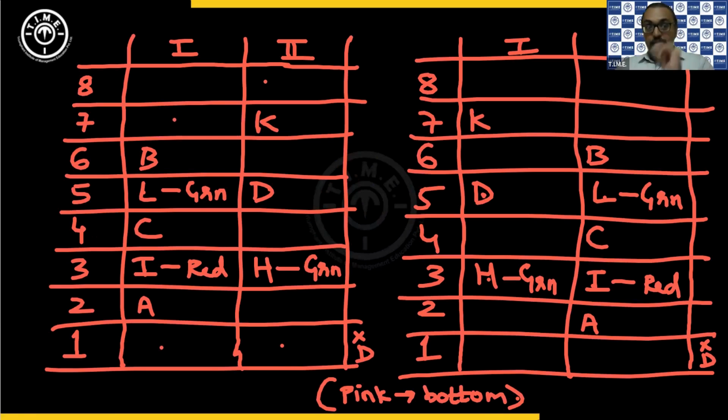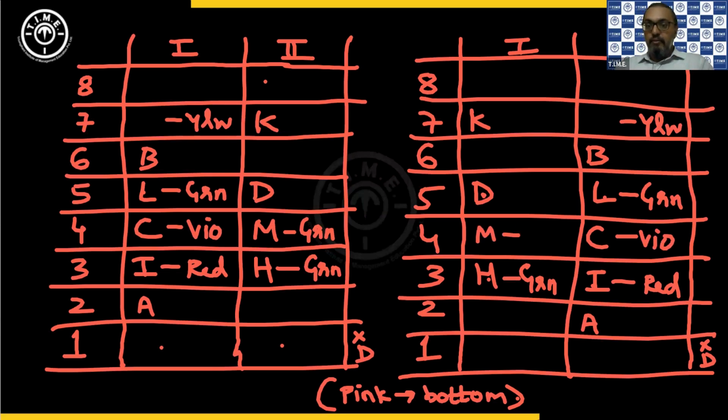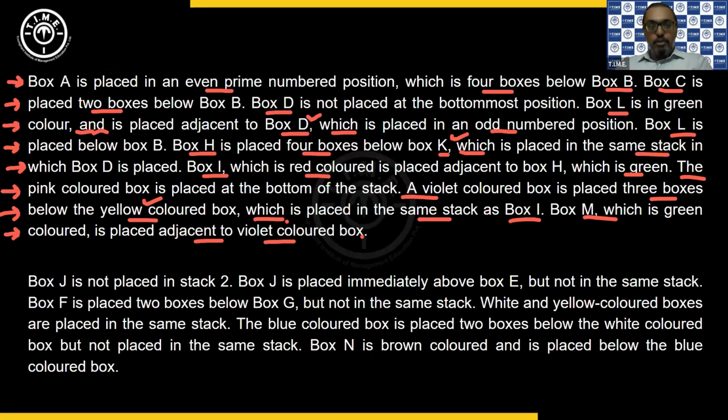So I can consider picking yellow in the 7th position, then leaving a 2 gap. C is going to be violet, and then you can have M in green in the 4th position adjacent to violet. The same thing I can do here: yellow in the 7th position, 2 gap, C is going to be violet, and then you can have M in green in the 4th position. Right. That's your first paragraph.